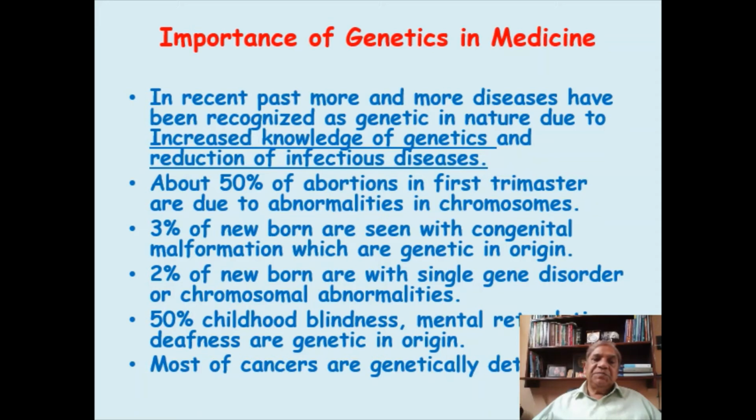Now, 50% of childhood blindness. You must have read that a lot of children are born blind, or they become blind at a very early stage of childhood. Many of them are mentally retarded.